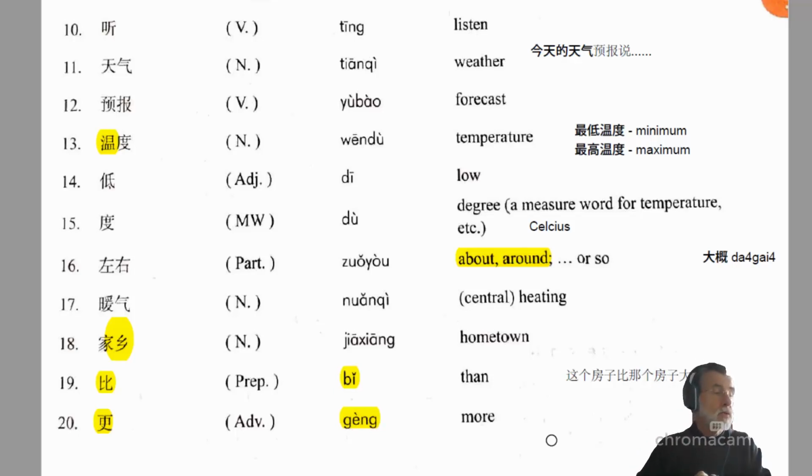It's used in combination with 比. So instead of what we said before, 这个房子比那个房子大, we could say 这个房子比那个房子更大. So this house is even bigger than the other house.